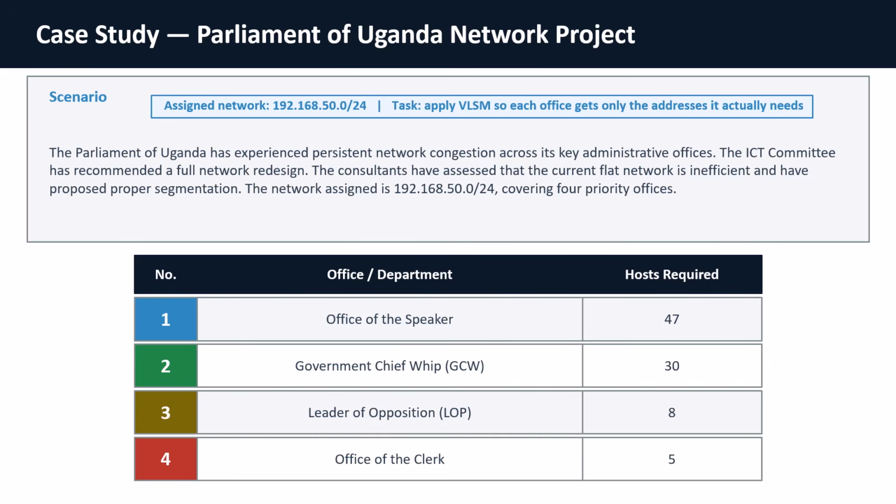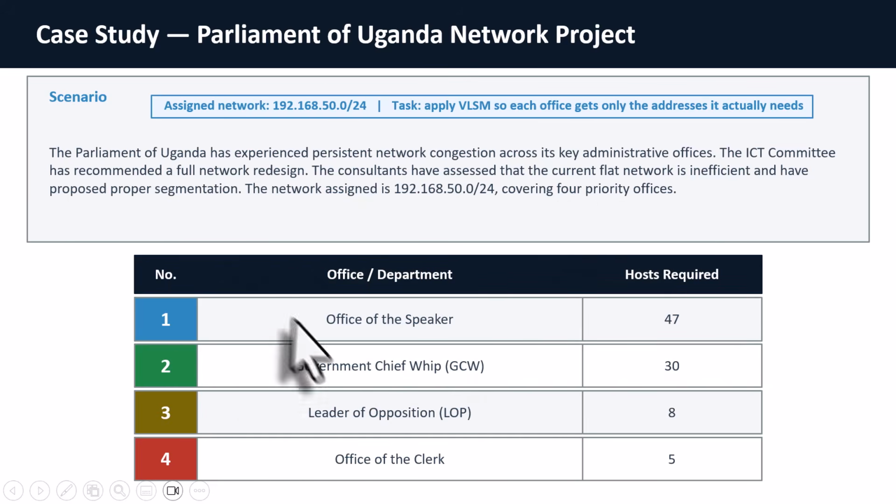They have network congestion, and the ICT committee has recommended a full network redesign. You have assessed the current network and realize it's flat and inefficient, and you need to do proper segmentation using variable length subnet masking. They have given you the IP address 192.168.50.0, which has 24 network bits, covering 4 priority offices.